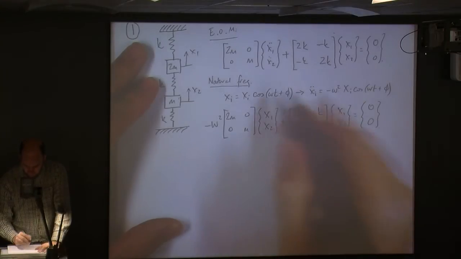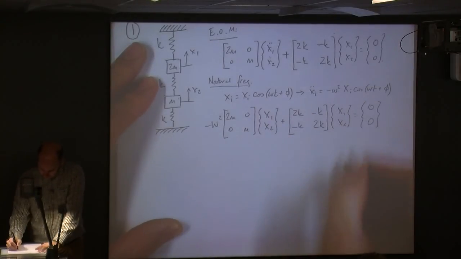I've already dropped the cosine term because we know that cancels, so that's not appearing in here.